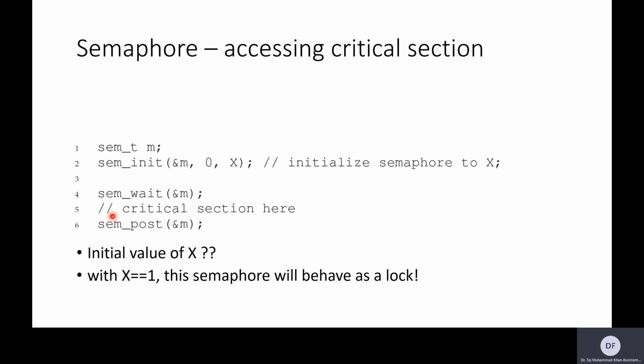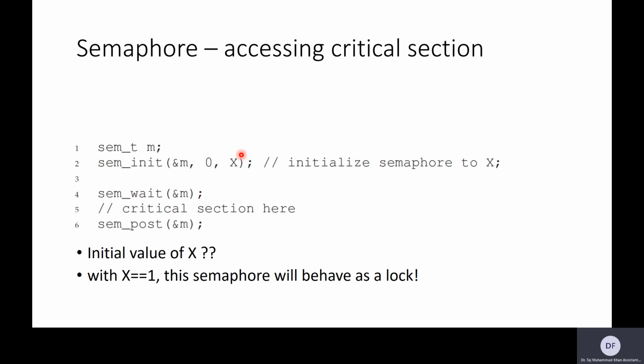Now imagine there are multiple threads running, and before entering the critical section, these threads call sem_wait to acquire this lock semaphore, and once they are done with the critical section, they release this lock semaphore by calling sem_post.